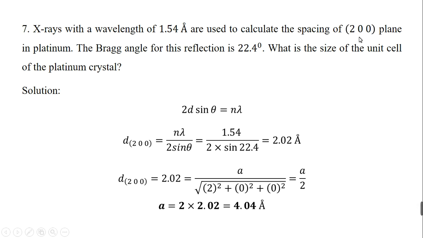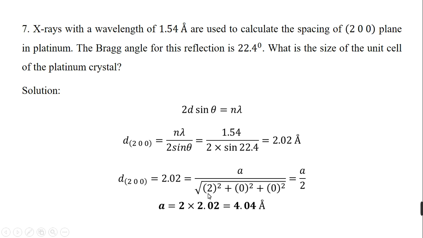So for the plane 200, d of 200 is equal to, just cross multiply, n lambda divided by 2 sin theta. Substitute the values of theta and lambda here: 1.54 angstrom divided by 2 into sine of this angle. You will get the answer in angstroms itself, 2.02. Now take the formula for d as a divided by root of h square plus k square plus l square.